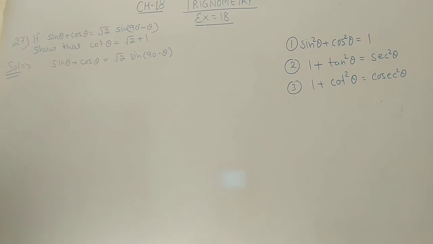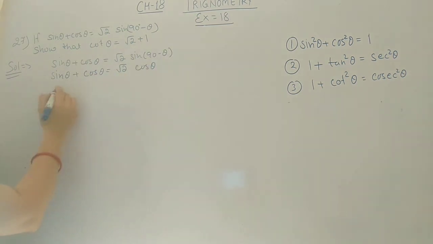Next, question number 27. If sin theta plus cos theta is equal to root 2 sin (90 minus theta), we have to prove here cot theta is equal to root 2 plus 1. So this thing is given in the question. We will start from here. Sin theta plus cos theta is equal to root 2 sin (90 minus theta), which is equal to cos theta, so it will come root 2 cos theta.